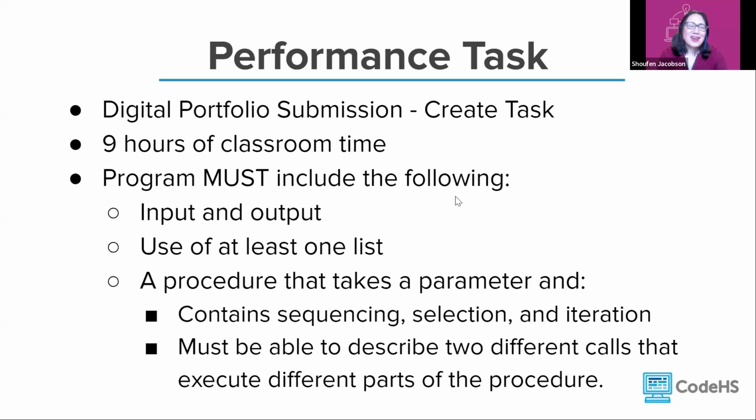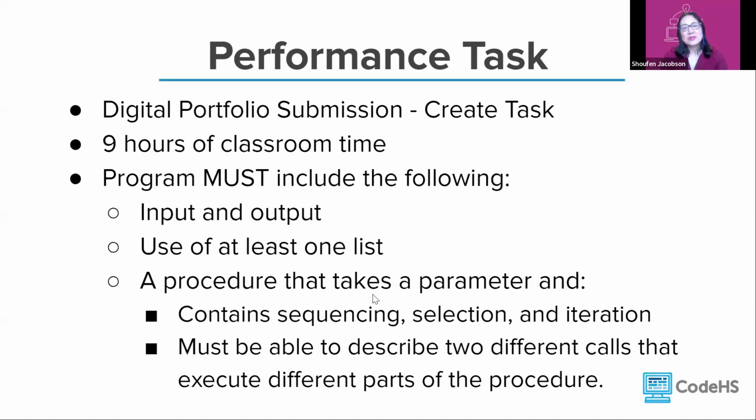And in the performance task, again, you must have all those components. So your code should generate a video. The video should clearly show input, output, and process. And then you should use at least one list. We're going to show you an example. It's not that complicated after you see the example.